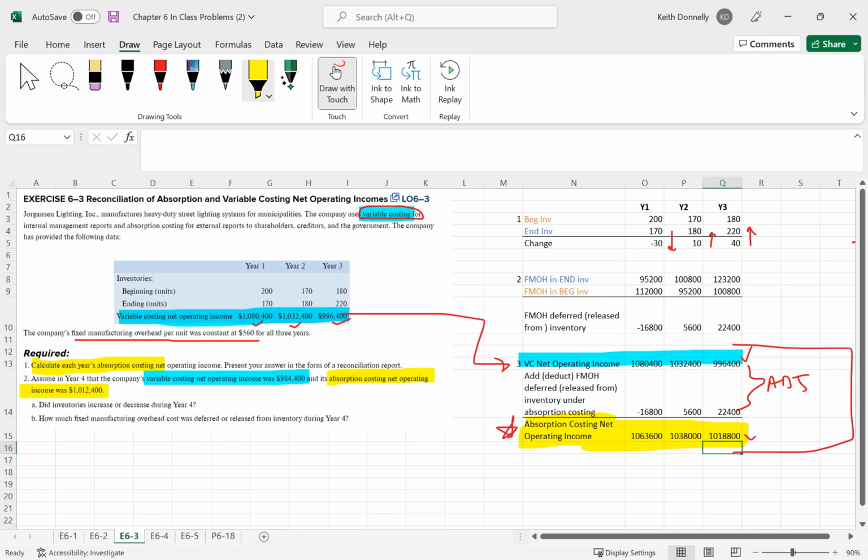Right, so if we're looking at this for 2A and 2B, the answer here is going to be this.